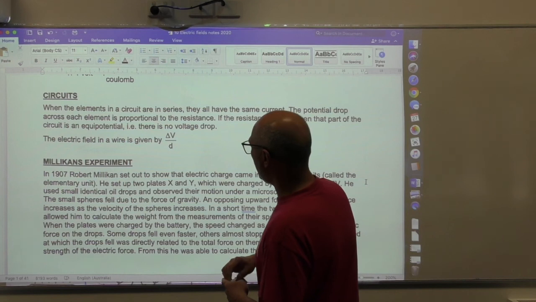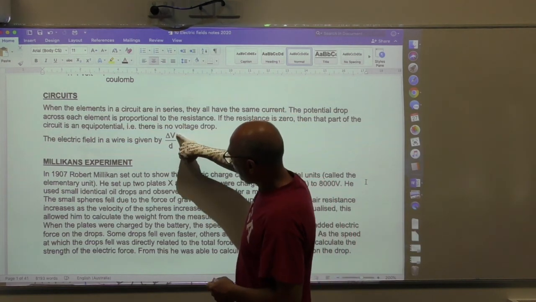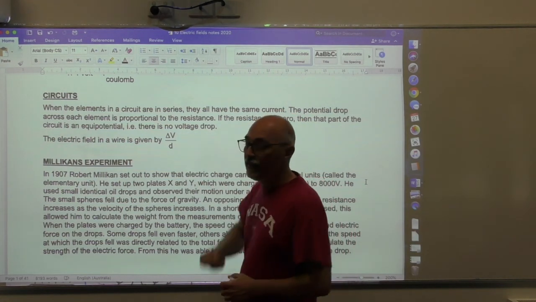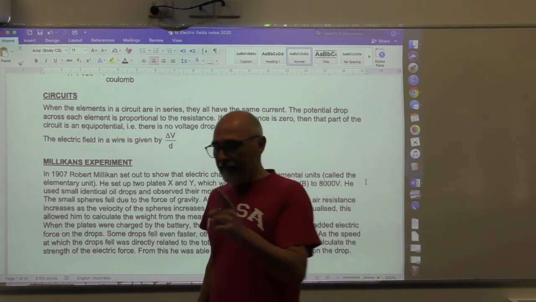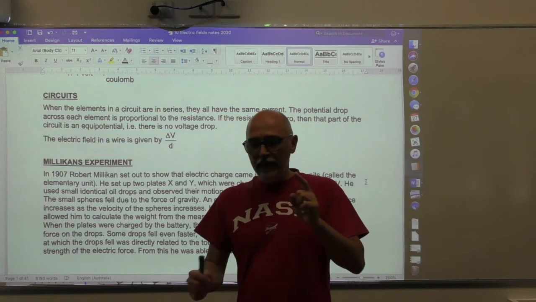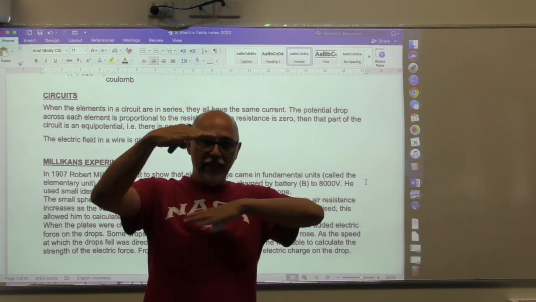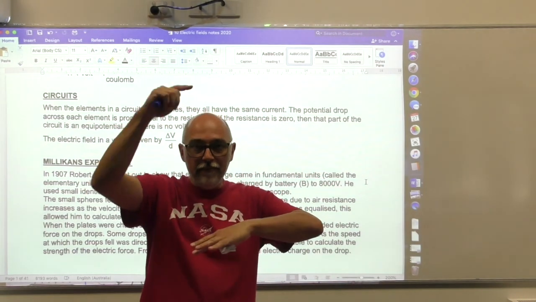So the electric field in a wire is given by the change in voltage over d. This is important, as the electric field in between two plates is calculated by V over d.